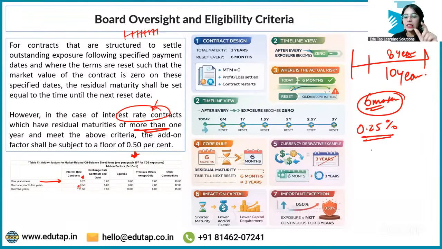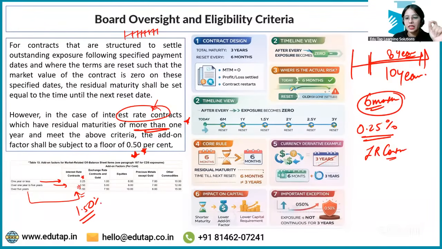But in the case of interest rate contracts, it has been specifically said that if the residual maturity is more than 1 year, then the add-on factor should be a minimum of 0.50%. For more than 5 years, though 1.50 is the add-on factor, because the regular settlement is happening, the floor of the minimum of 0.50 can be used. Got it?